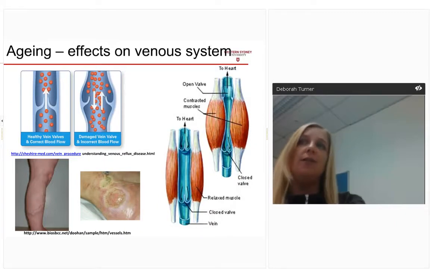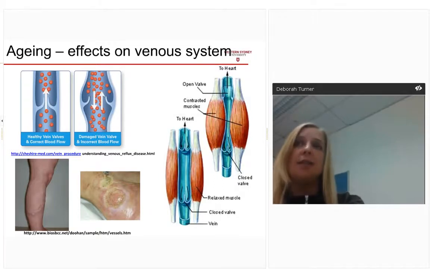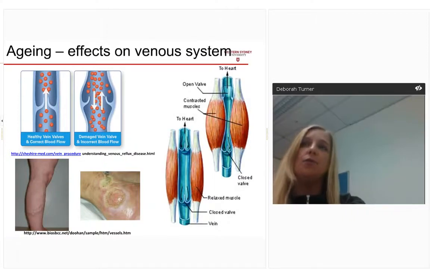There's a high prevalence of venous problems in patients with rheumatoid arthritis and inflammatory joint diseases, often related to the atrophy of the gastrocnemius muscles, which we've got to recognise have a really important role in helping with venous return.